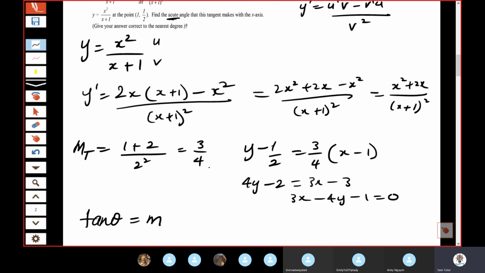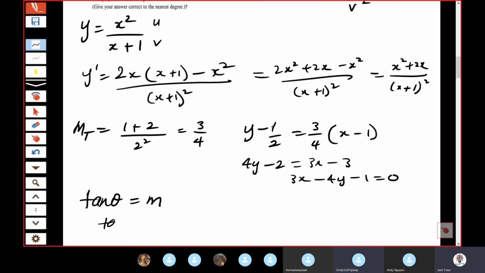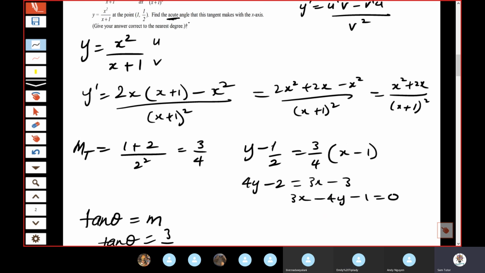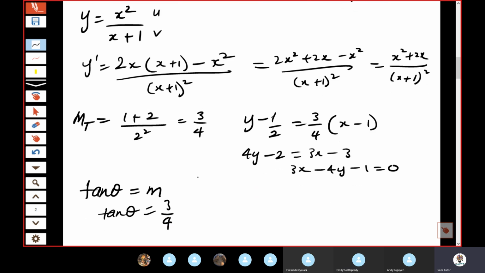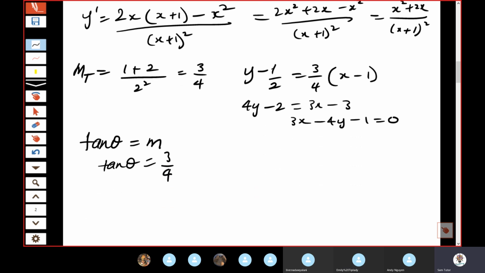What does your gradient equal in this case? The gradient is 3 over 4. And then obviously you just want to find the angle theta. So what are you going to get rid of? Tan. And how do I get rid of tan? Pretty much you're solving for theta. How were you solving for theta in our last topic?